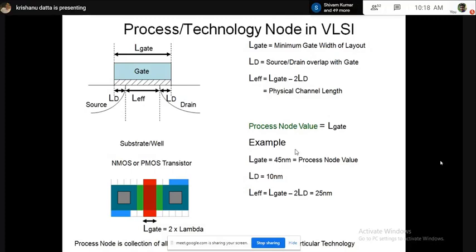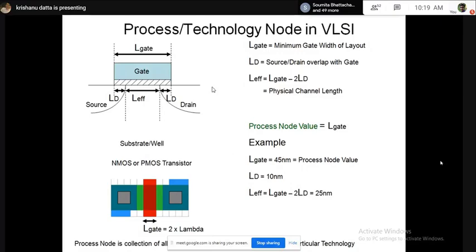L effective is much less than L gate. The way we define a technology, also called process node, is the L gate value. When I say a technology is 45 nanometer, it is actually the L gate value, not the L effective value. That is the definition I wanted to establish here.